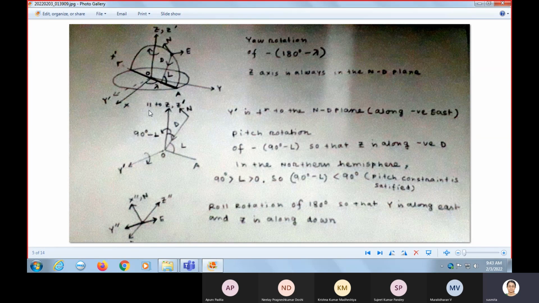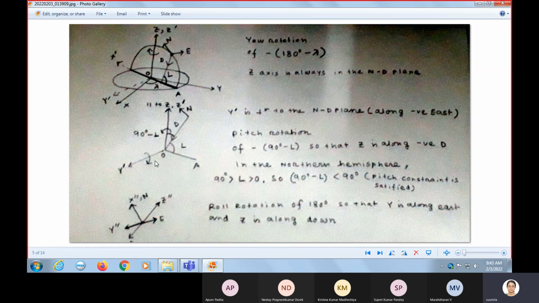So we need to apply a rotation of this angle so that the Z is aligned with the down axis, but it will be in the negative direction. What is the direction? Will it be a positive rotation or a negative rotation? Using the right hand thumb rule, you can find out whether it is positive or negative. The positive rotation will be from right to left.